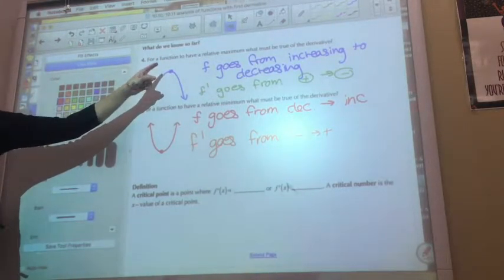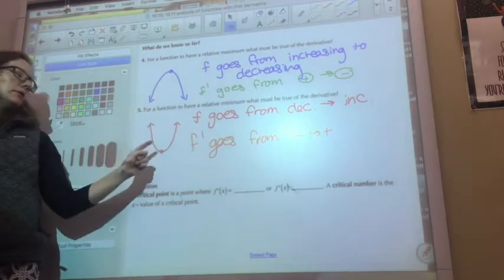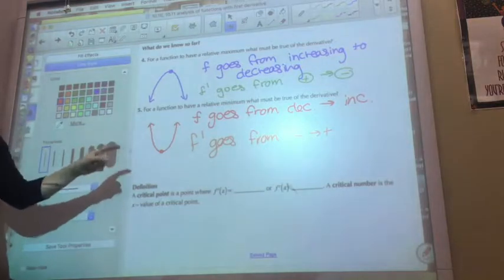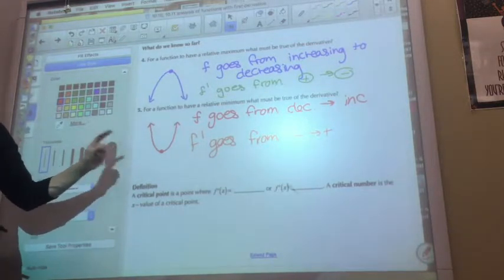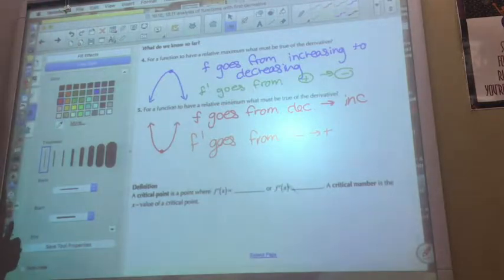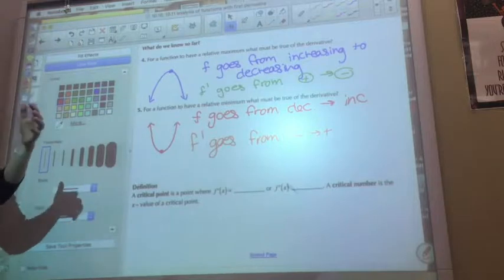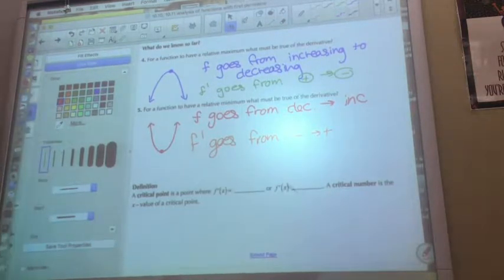So it's going to be a peak, right? And it doesn't have to be a curved peak, but it will always be a peak. And a relative minimum will always be a valley, where it is the lowest point of all the points around it. The other terms we tend to use are absolute maximum or global maximum, or a maximum on an interval, and we will talk about those in a smidge. Does that sound okay?